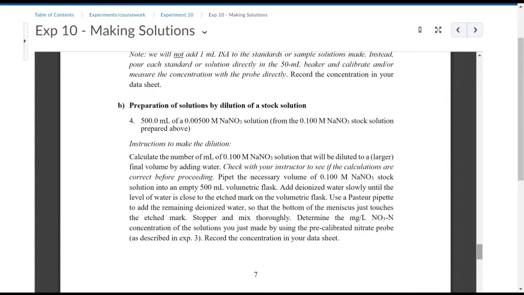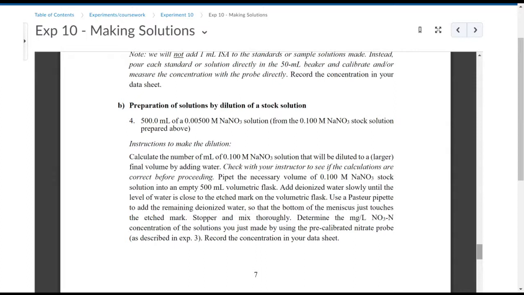And for solution number 4, we want to make 500 milliliters of 0.005 from 0.1 times volume. So divide both sides by 0.1.